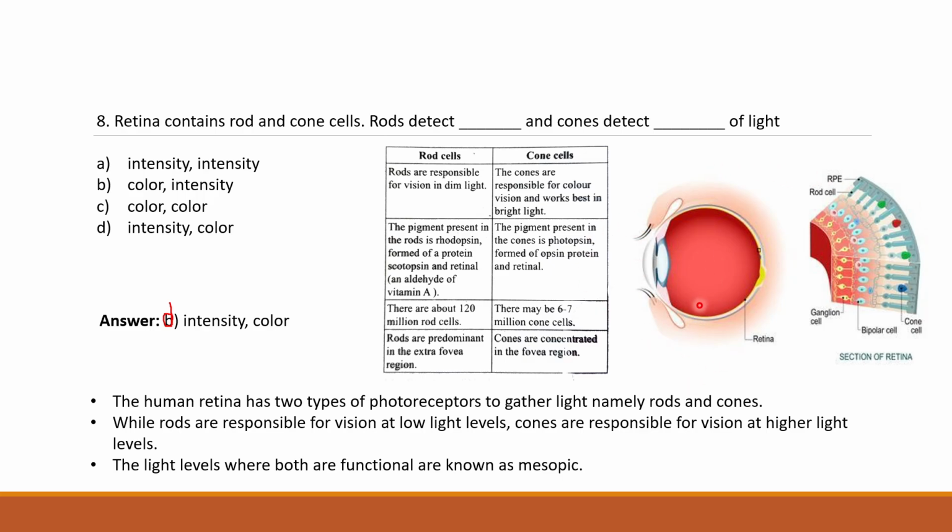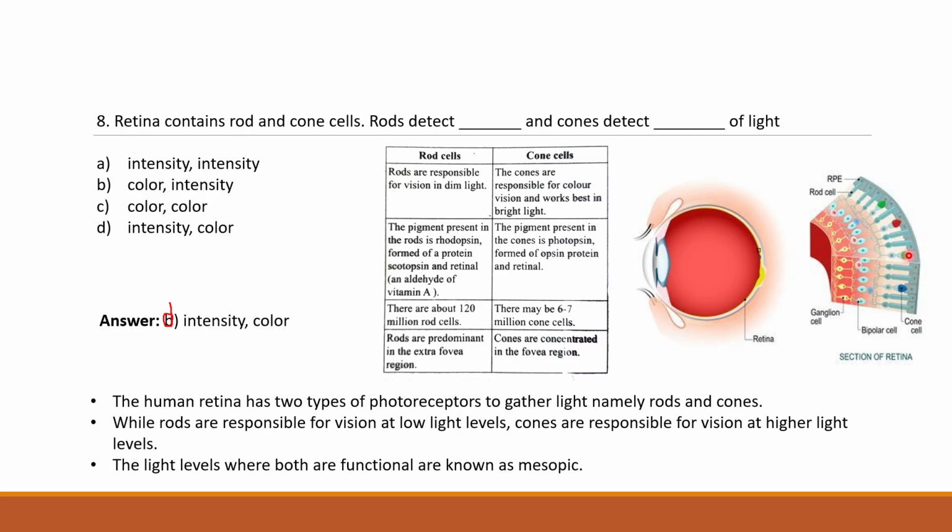So this is your eyeball, and this is your retina, and this lining you see is where your rods and cones are present. So this tiny square they have depicted here, and then they have enlarged it, a tiny section. So here you can see these are your rod cells, and these are your cone cells.